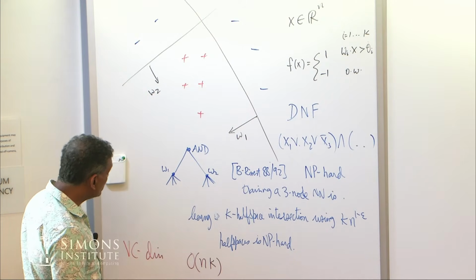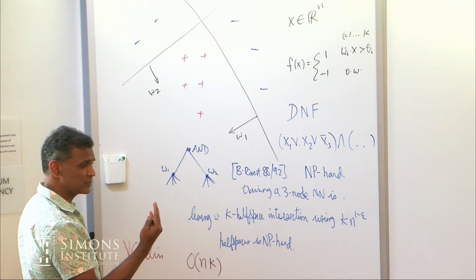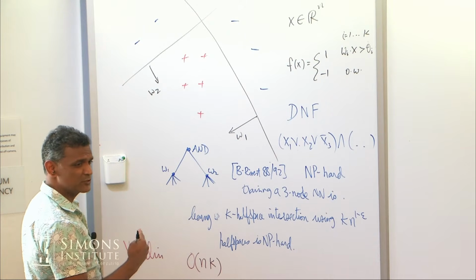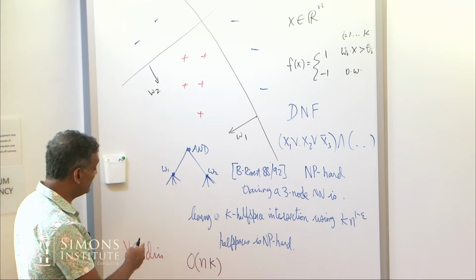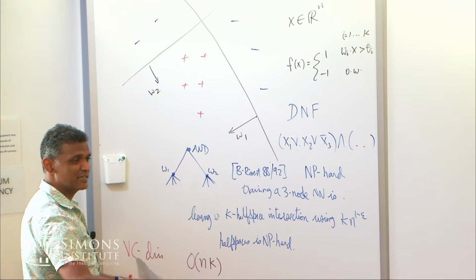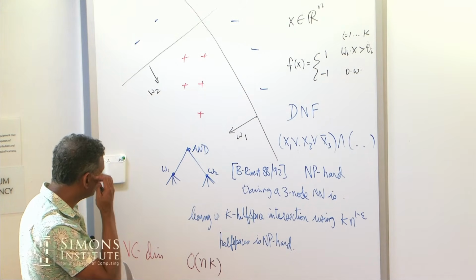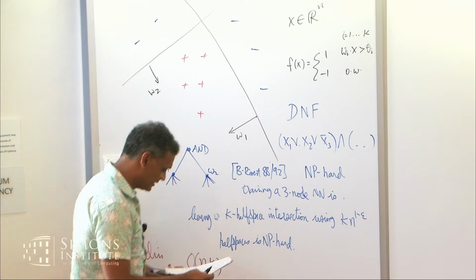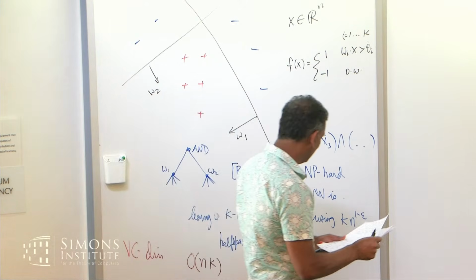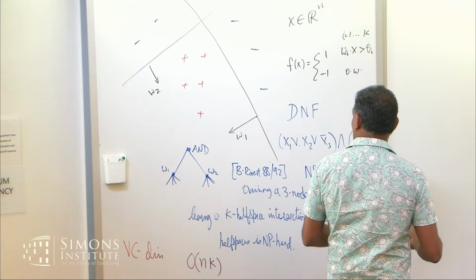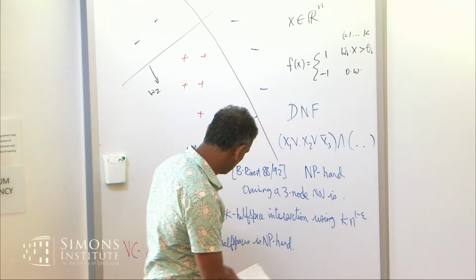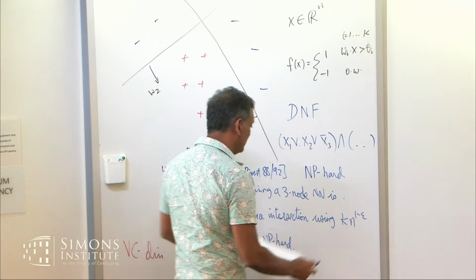So in principle, to learn over any distribution to accuracy epsilon, you only need nk over epsilon times log factors samples. So it's not the sample complexity, it's really hitting a computational difficulty. Okay, so as a first step, let's, I think below this, maybe it's hard to read.